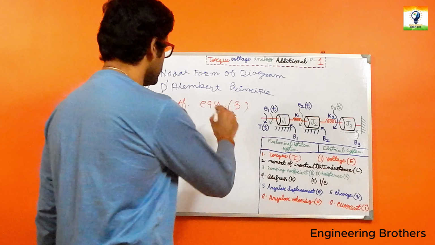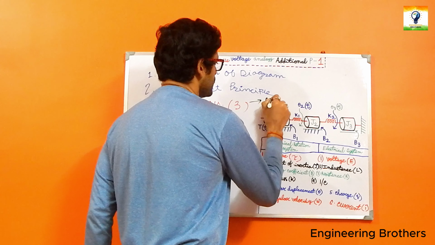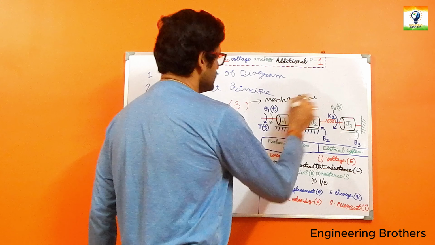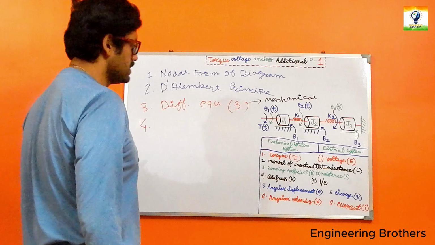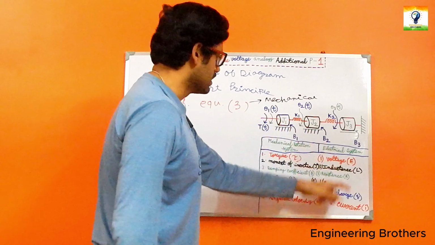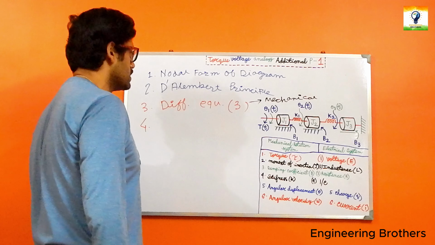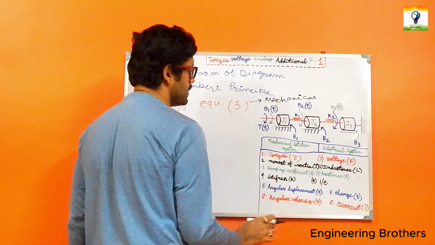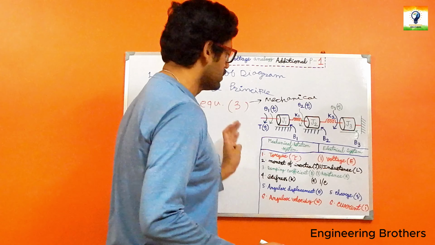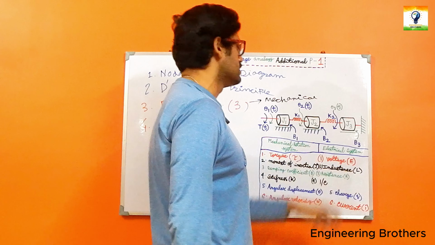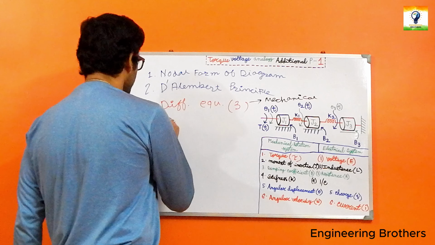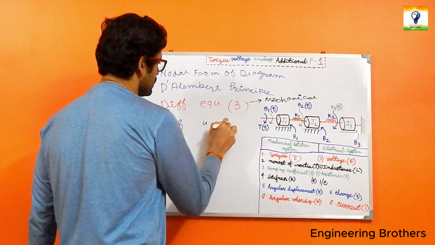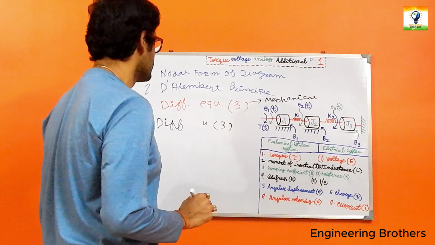So this differential equation is mechanical in nature. In our next step, just by utilizing this analogous table and converting these mechanical parameters into electrical ones, we get another set of differential equations, and once again the number of differential equations is 3.